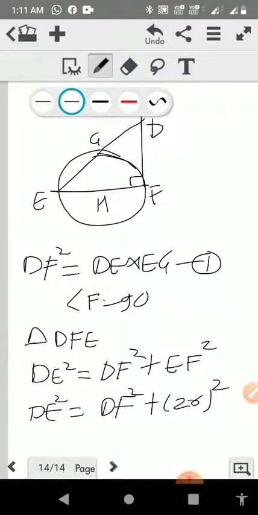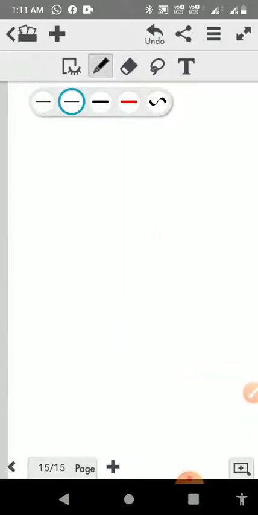Now I will just rearrange this equation. DE square minus DF square equal to 4r square.